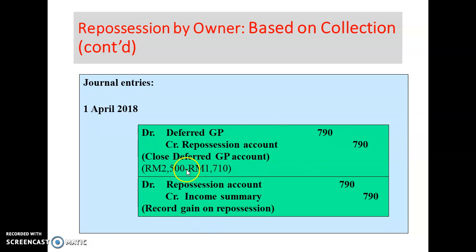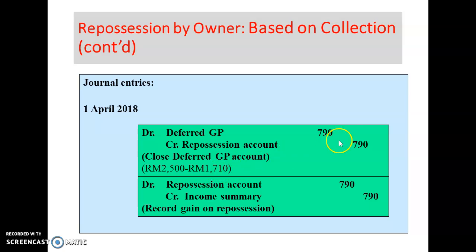So this is supposed to be the total profit, but up to December 2017, we recognize only 1,710. You need to refer back to illustration 5 on slide number 51 or 52, something like that. You will see that the profit recognized is 1,710.